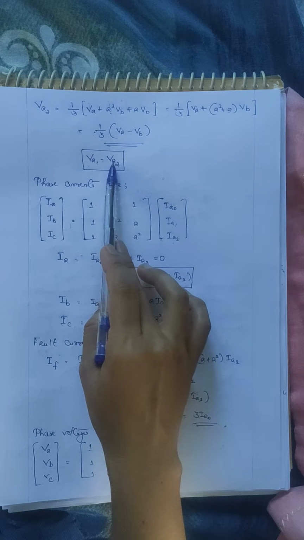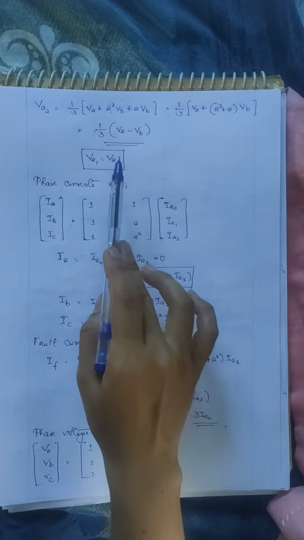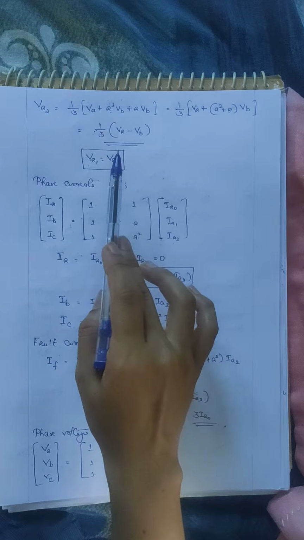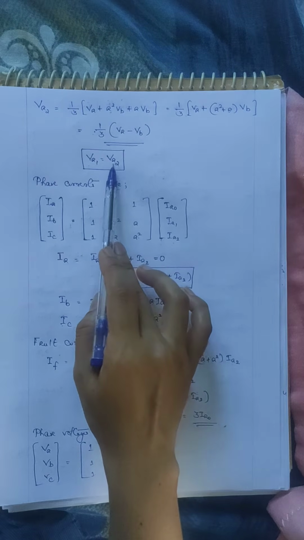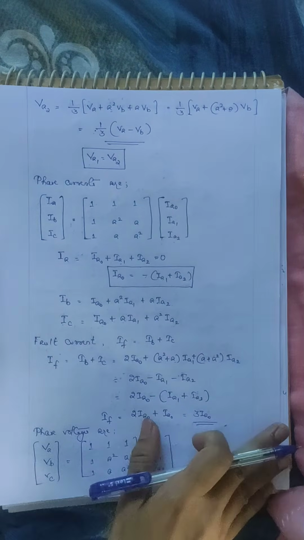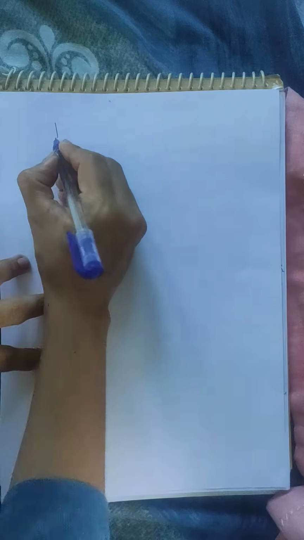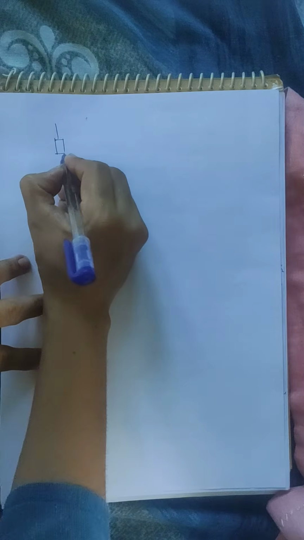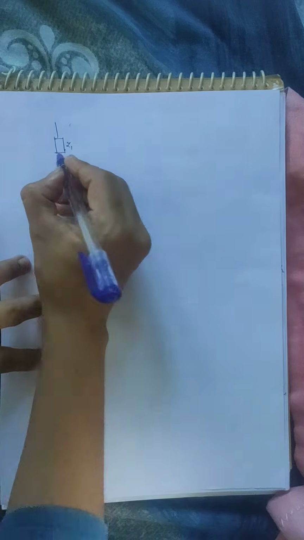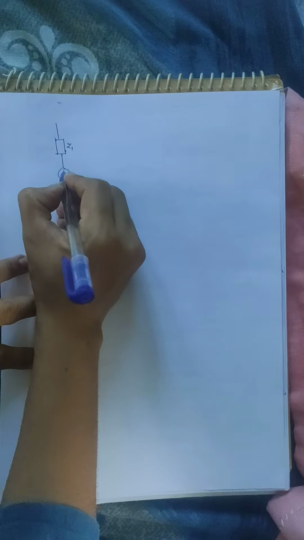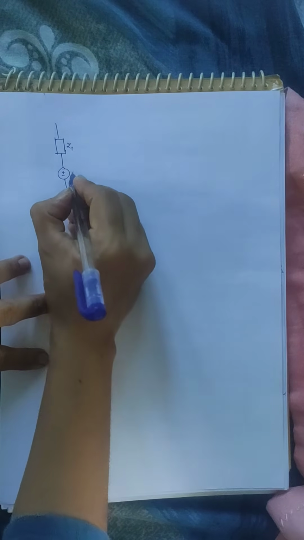That means these two are in parallel. The positive sequence network is in parallel with the negative sequence network. So first of all, let us draw that part. The positive sequence network in parallel with negative sequence. So positive sequence network is positive sequence impedance in series with a voltage source EA.